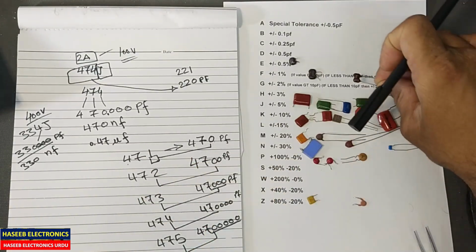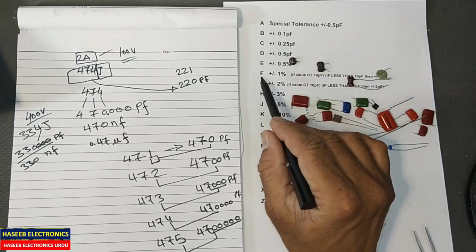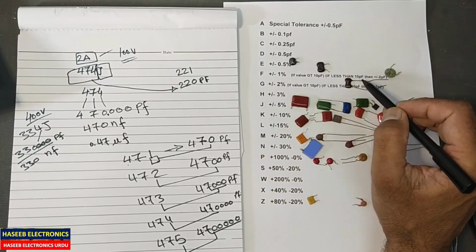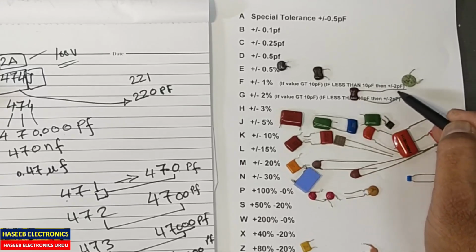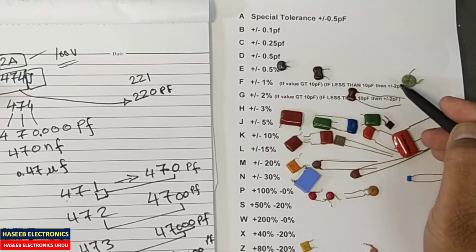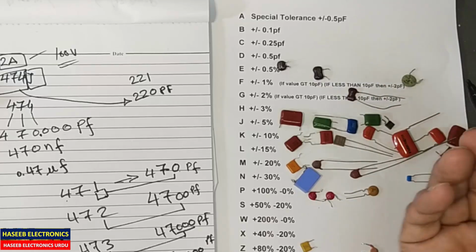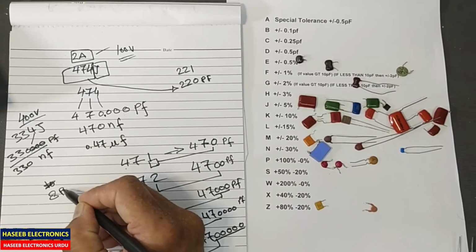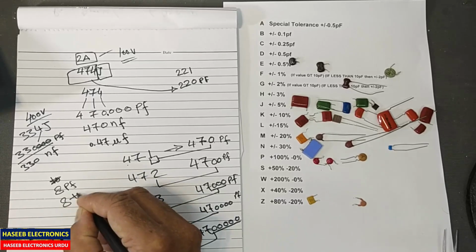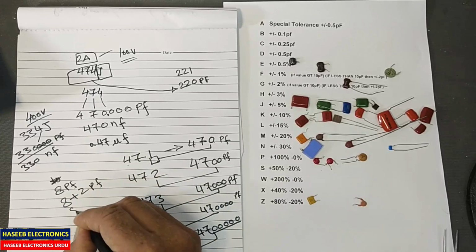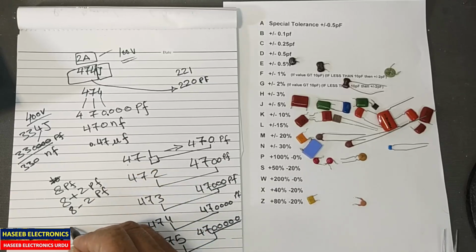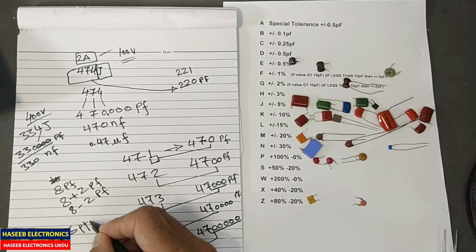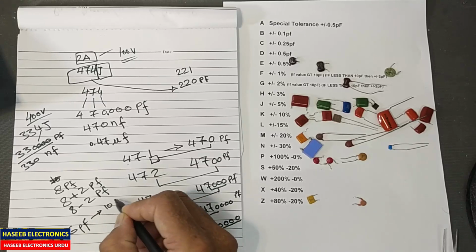It is not commercially used. In the F series, if the capacitor value is less than 10 picofarad, at that time the tolerance will be plus minus 2 picofarad. We can say if it is 8 picofarad, so 8 plus 2 picofarad, 8 minus 2 picofarad. So the capacitor value will be 6 picofarad to 10 picofarad.